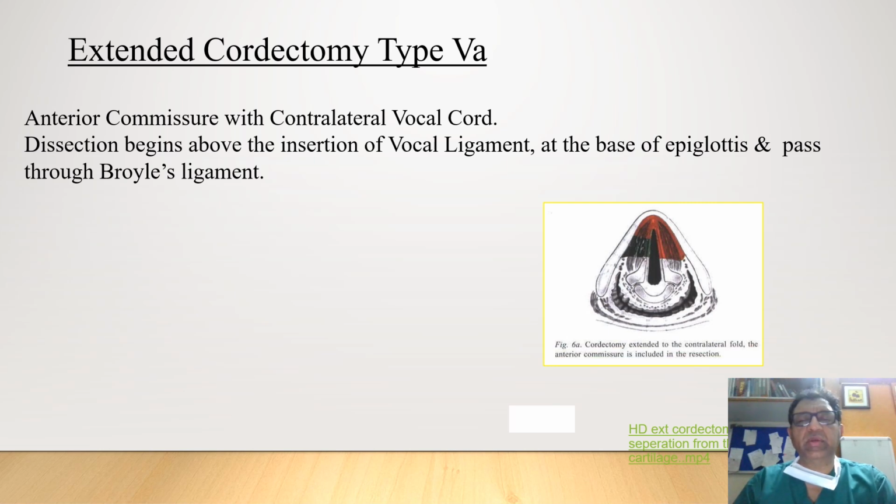This video and diagrammatic representation indicate it is for omega-shaped, partially omega-shaped growth almost reaching the anterior commissure, and separation is started using the laser to separate the tumor from the inner perichondrium near the anterior commissure.